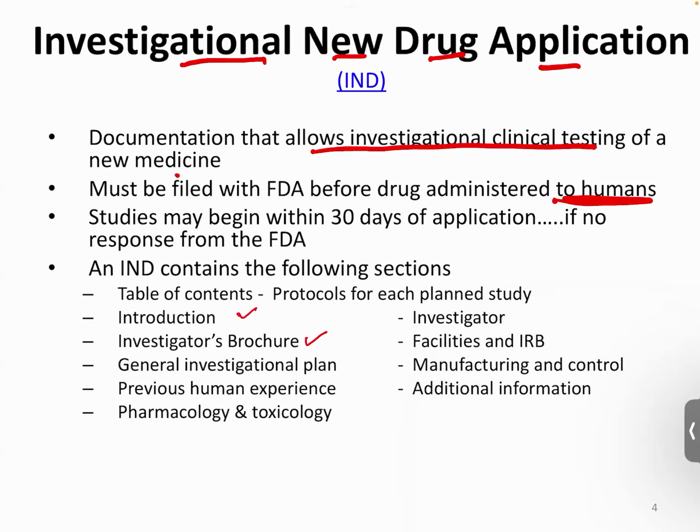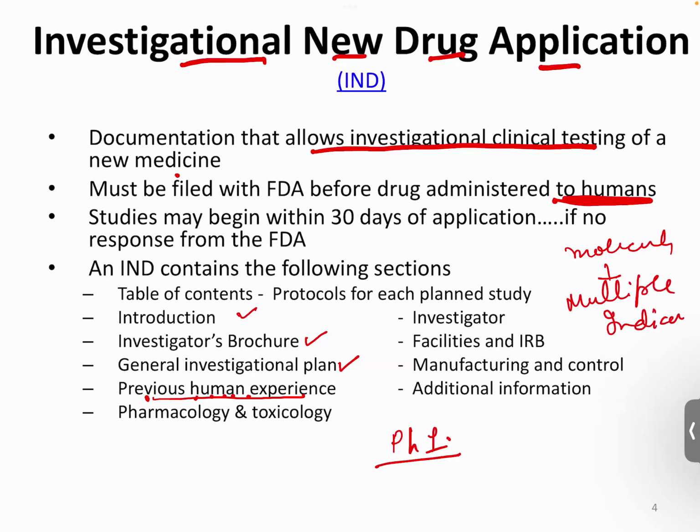Why this? Because we are filing this application before phase 1. Why do we want to give any previous human experience? Because we are just starting the first study in humans. What happens these days is that one molecule is used for multiple indications.